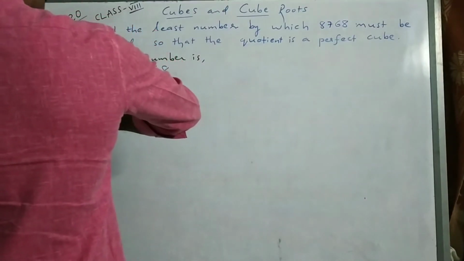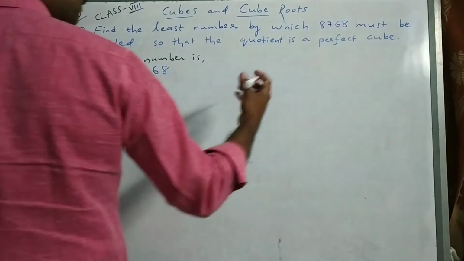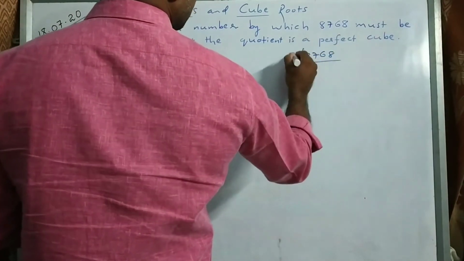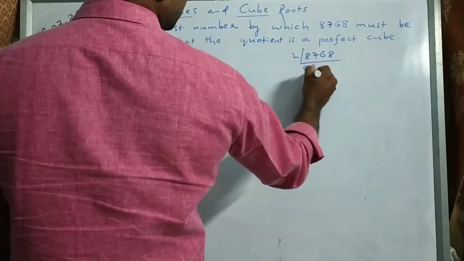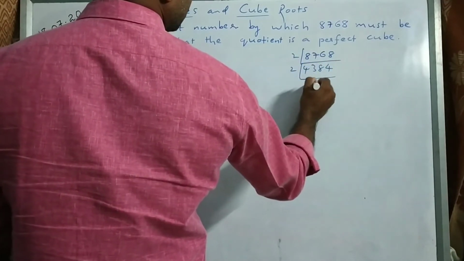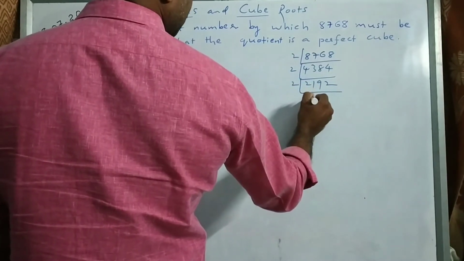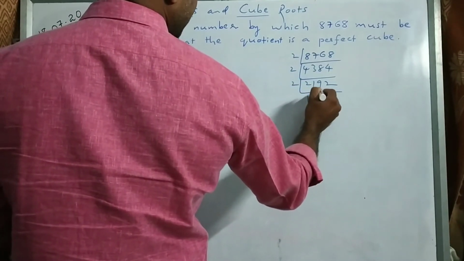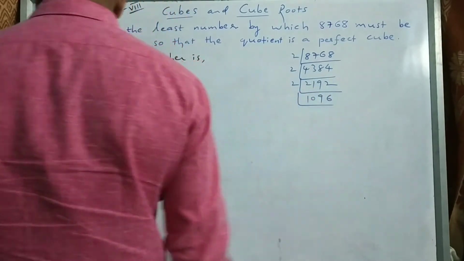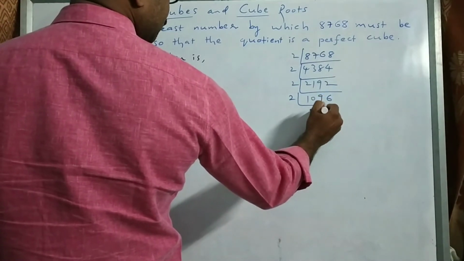8 7 6 8. 2 4s, 2 3s, 2 8s are 16, 2 4s are 8, 2 2s, 2 1s, 2 9s, 2 2s, 2 1s, 2 8s, 2 9s are 18, 2 6s are 12. Okay. Next 2 5s, 2 4s, 2 8s.